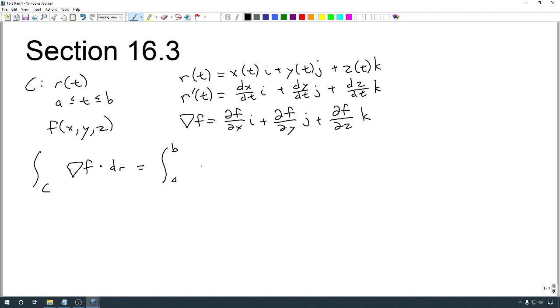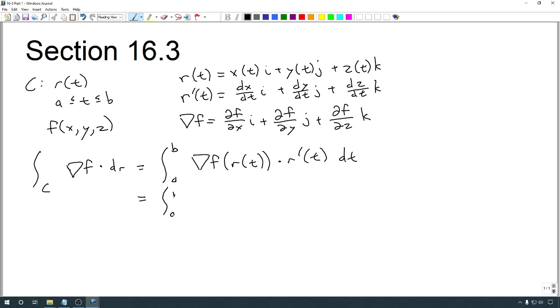This turns into a dot product of the gradient of f at r of t with the derivative r', and then dt at the end. So we're taking the dot product of these two things. What this really means is that each of these is being evaluated at t, but I'm not going to write r of t in for each of those.